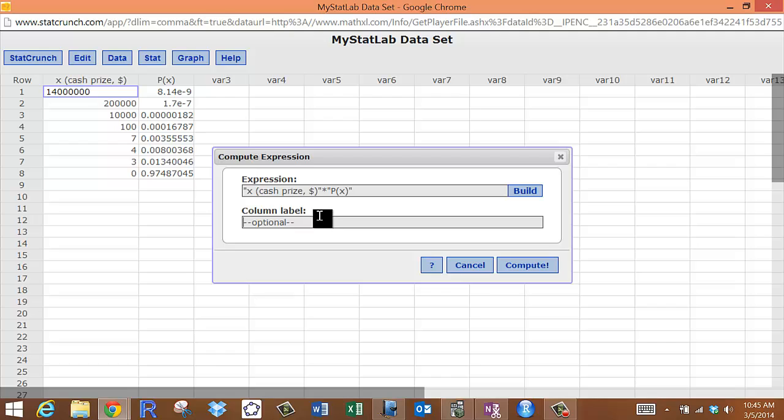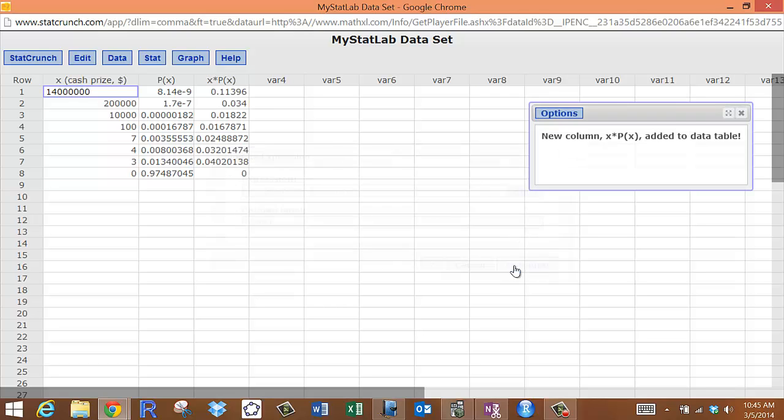Now you can add a label here, and we'll just add the label x times p of x. Okay, so what that does is multiply each of these, this times this. And now we just want to add this up because the expected value is the sum of x times p of x.